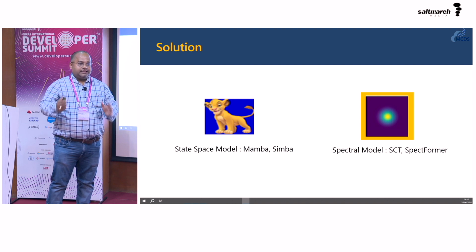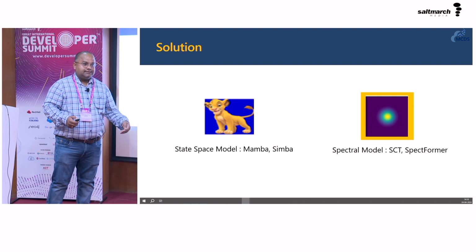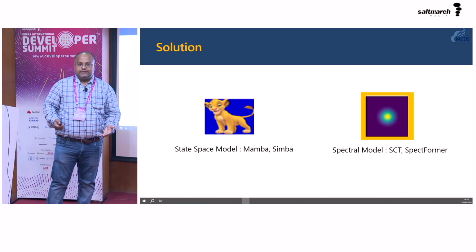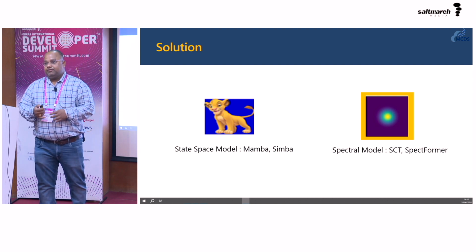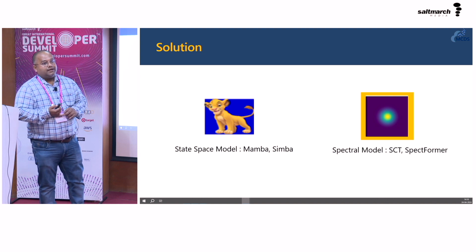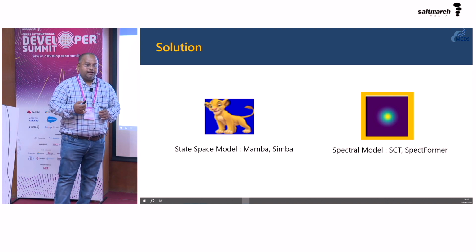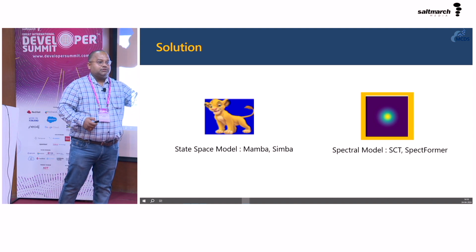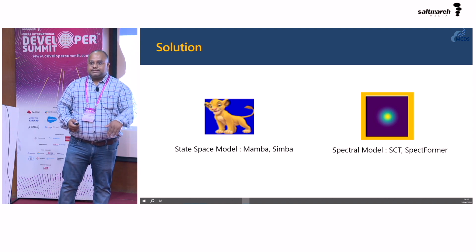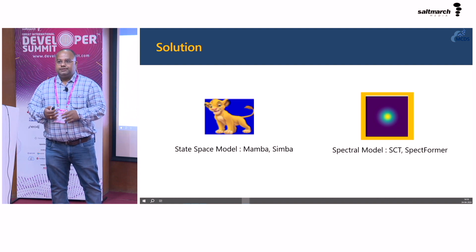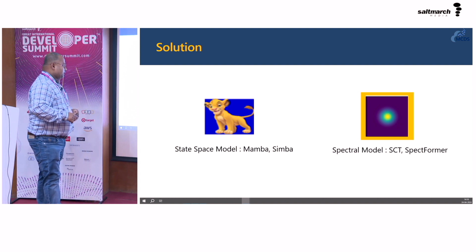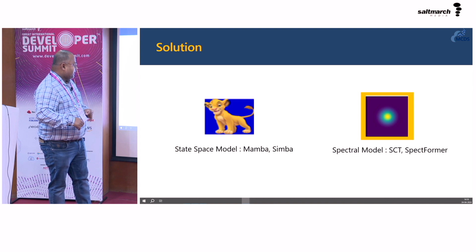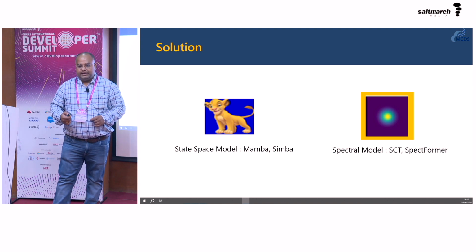State space models are a recent research area and an alternative to transformers. Now you can replace the backbone models with state space models. There are many of them, like Mamba and Simba. Simba is for vision and time series, and Mamba is for language modeling tasks.